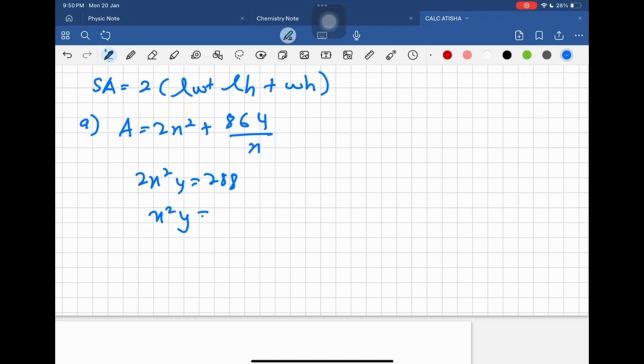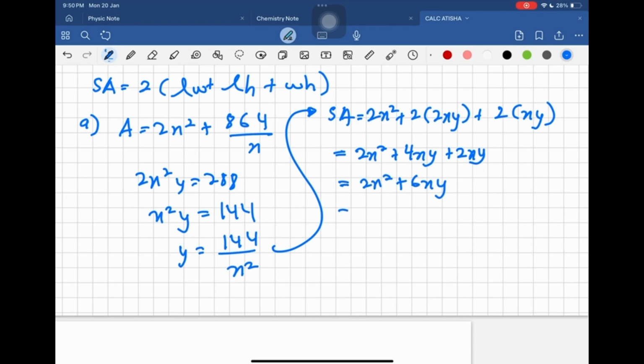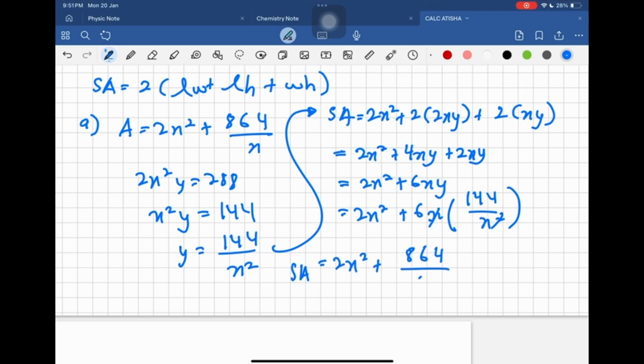The first step I do is to use the general formula for the rectangular shape, which is 2 times length times width plus length times height plus width times height. Once I know the formula that is needed, I substitute the given information into the formula, with y as the height, x as the width, and 2x as the length. I undergo some expansion and then I get the answer, which is shown.